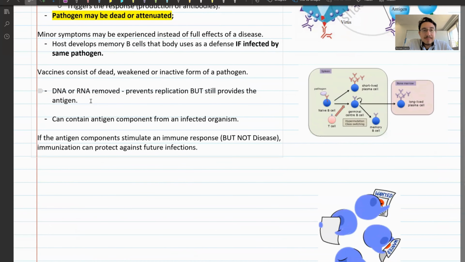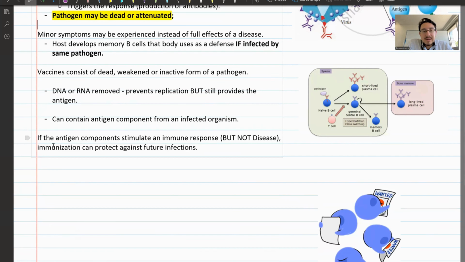All right. So again, like I mentioned before, vaccines could contain a dead, weakened, or inactive form of the pathogen, right? Some examples of what that means is basically the DNA or RNA is removed, right? That prevents the viruses from replicating, but you can still have the physical viruses there, right? So that the body can register and read, if the virus then comes in and infects you for real, right?